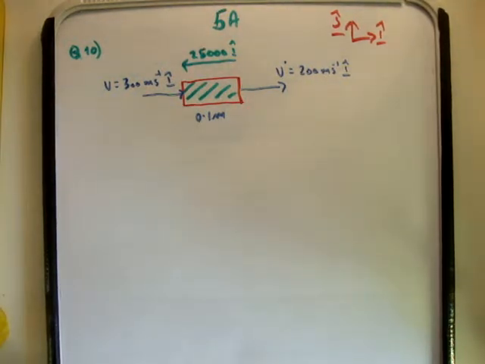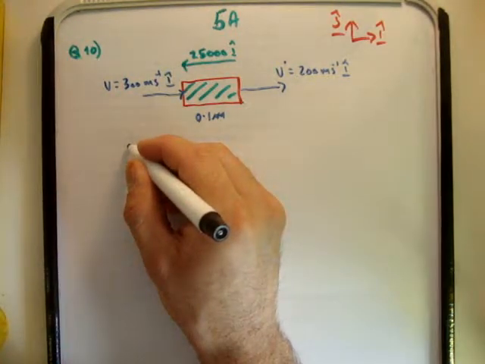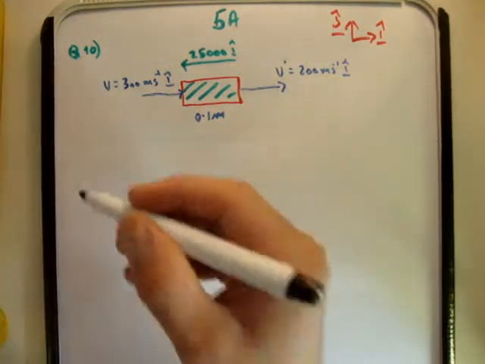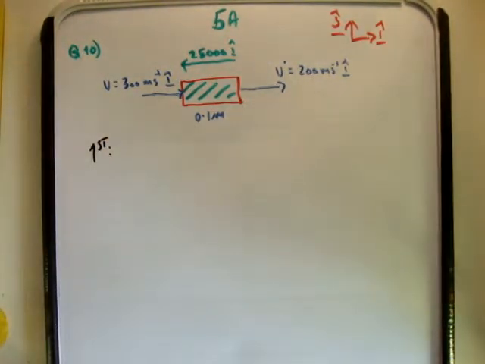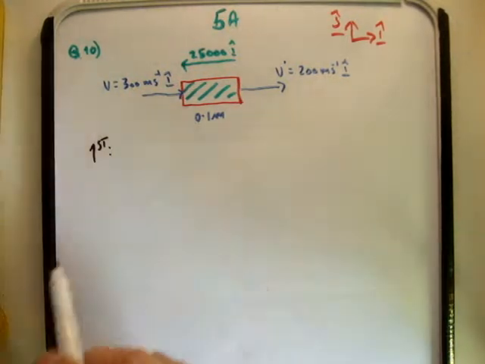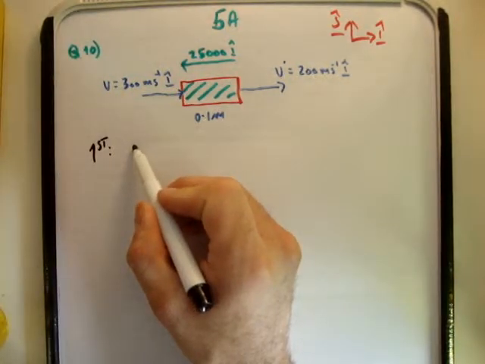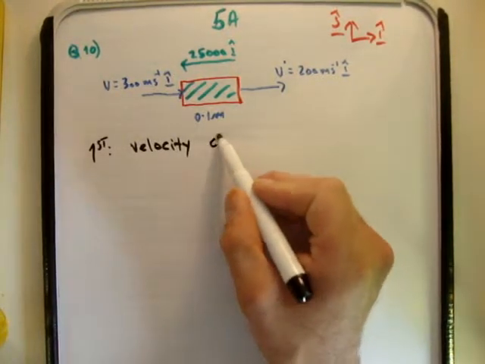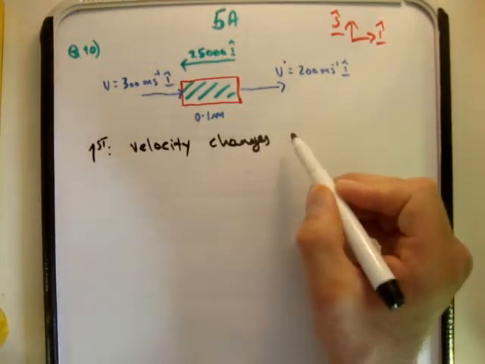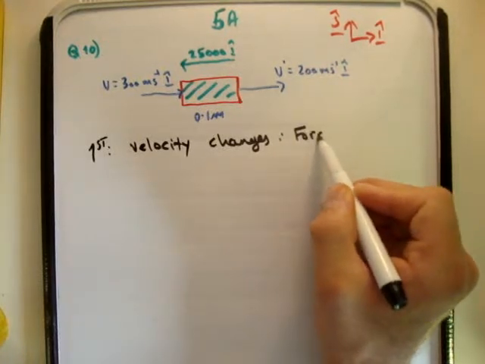Okay, now the first thing we know is, by Newton's second law, or rather Newton's first law, it said basically that a body will continue at uniform velocity or at rest unless a force acts upon it. Therefore, from Newton's first law, you can say that if the velocity changes, you have a force, okay?